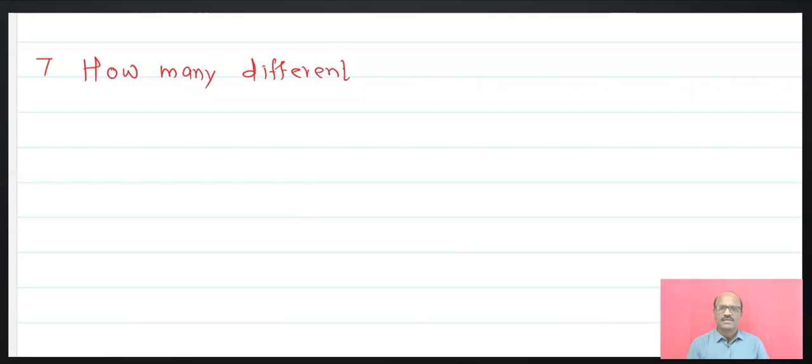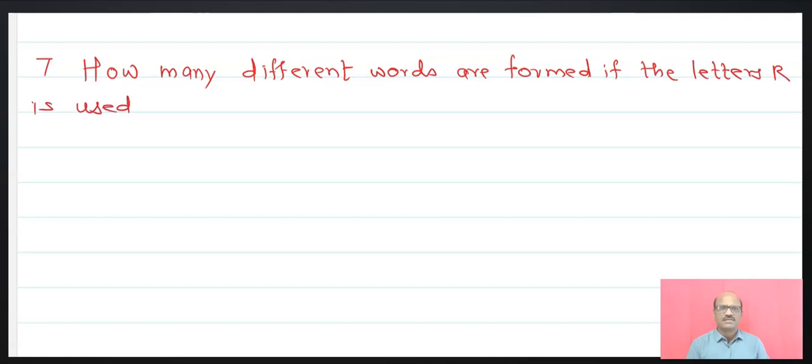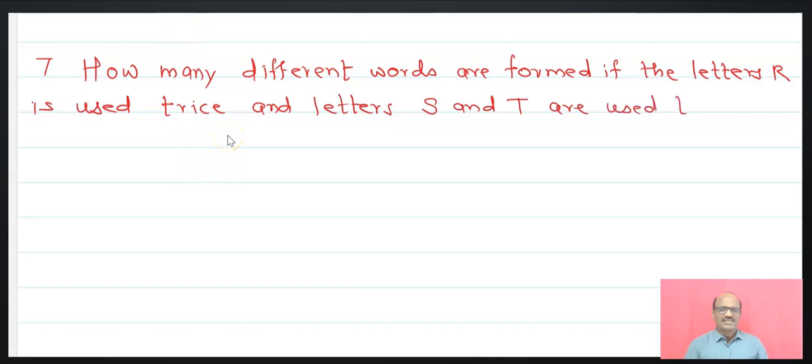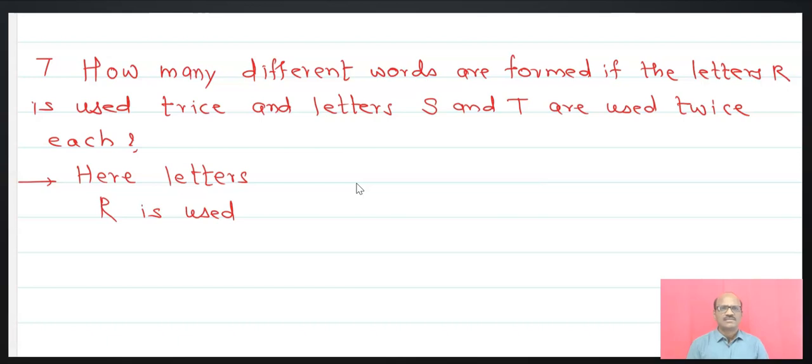How many different words are formed if the letter R is used thrice? I made some mistake in writing this. That is, thrice, and the letters S and T are used twice.